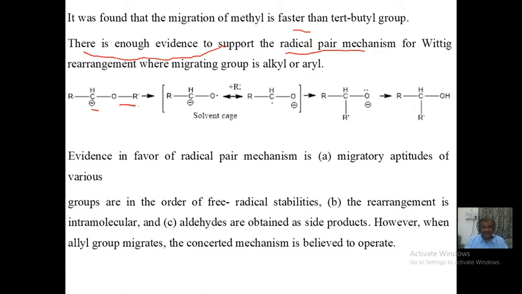This part R prime has to migrate, but wait, this bond I will break in such a way that the oxygen is carrying one dot, the R prime is carrying one dot. Therefore, see here, this is a momentary arrangement to understand that oxygen has one dot and R prime also has one dot, right. So what is happening, friend?